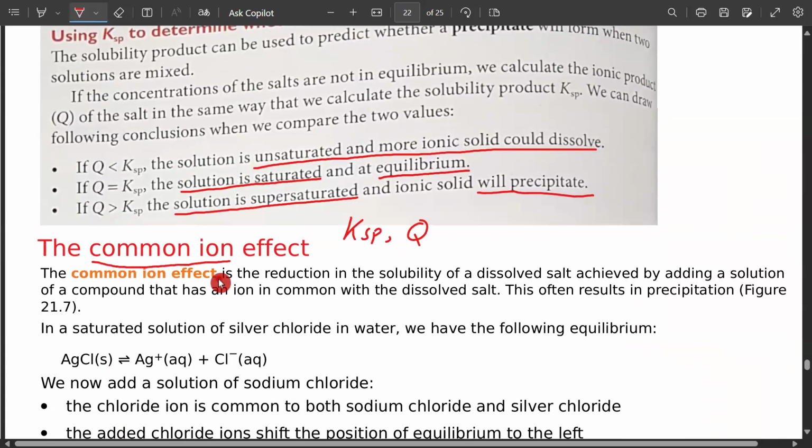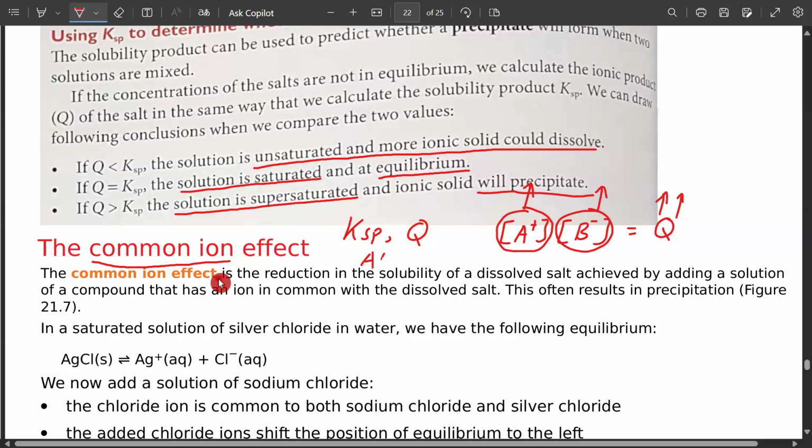So what we learned from the previous topic is that if you increase the value of A, that will also increase the value of Q, or if you increase the value of B, that will also increase the value of Q. So you can add any one of these two ions into the solution of the sparingly soluble compound.